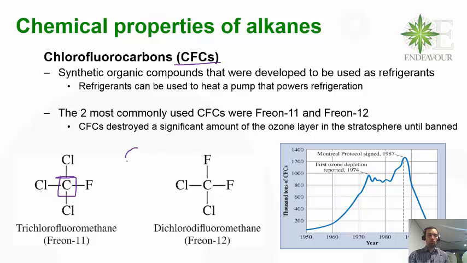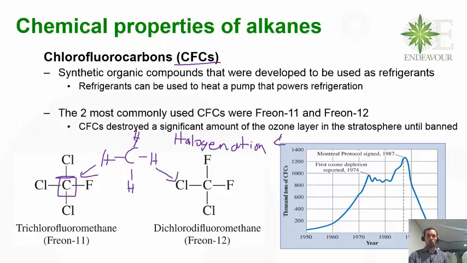So to go from our methane, that is CH4, to one of these CFC compounds, what type of reaction would that require? Well, we'd need to do the halogenation. And how many of these halogenation reactions would we need to achieve this?